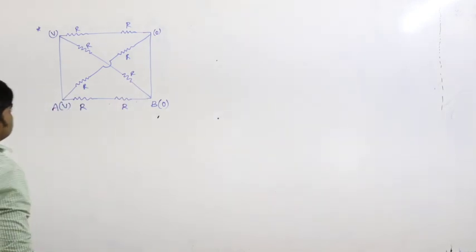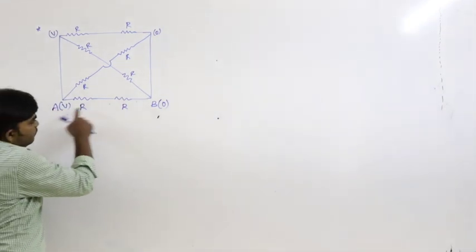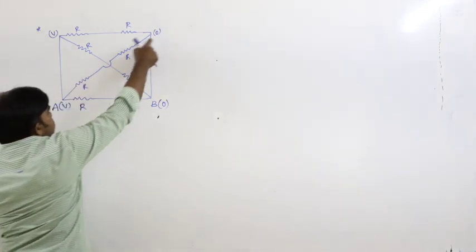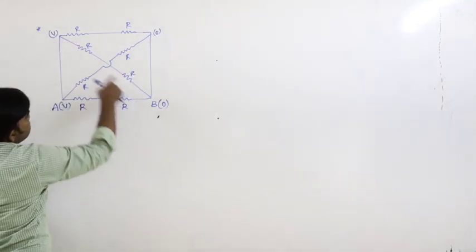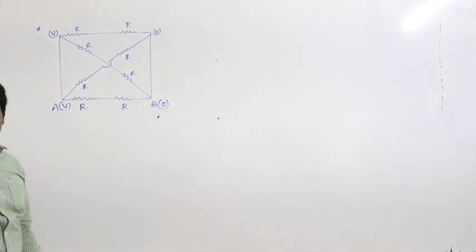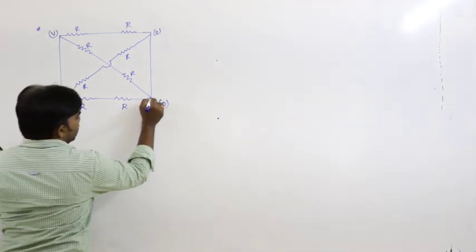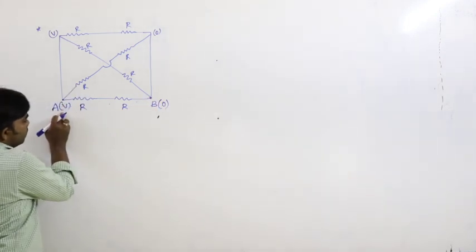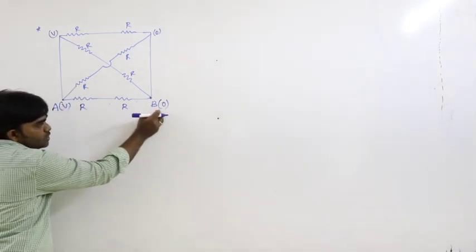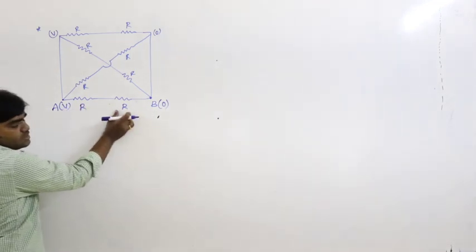So see here, now the condition is, this is between V and 0, and this is V and 0, and this is V and 0. All the lines are between the same potential differences. See here, this is point A and this is point B. Here what is the potential? V. What is the potential? 0. So how are these two resistances?